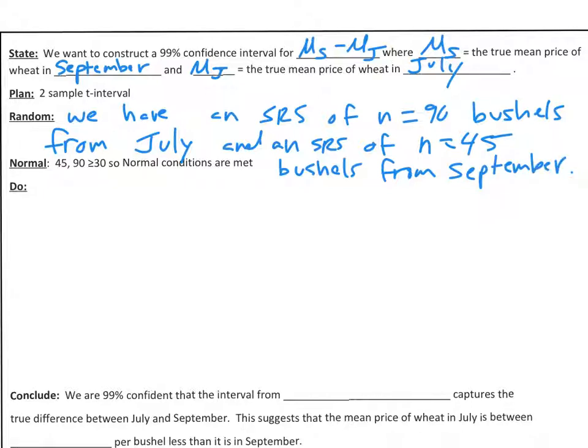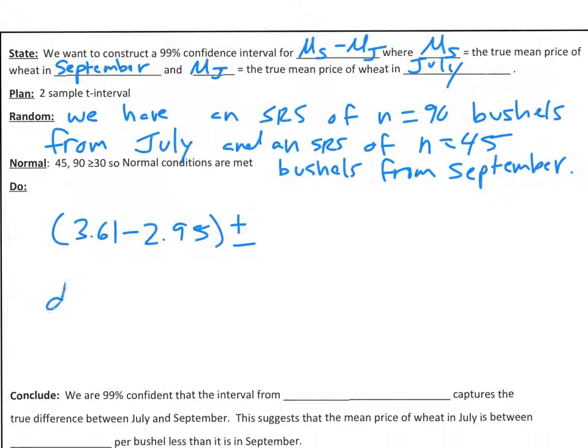Normal condition is beautiful, 45 and 90, they're both over 30. We're good to use the normal approximation. And this is a stat mode as well, so there is x bar for September. There's x bar for July.